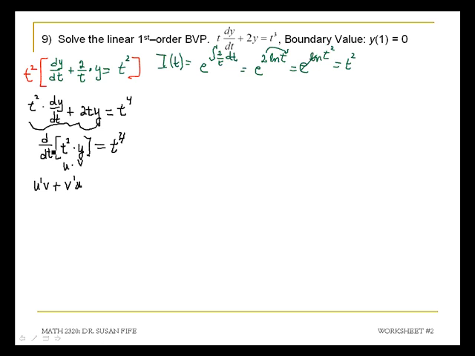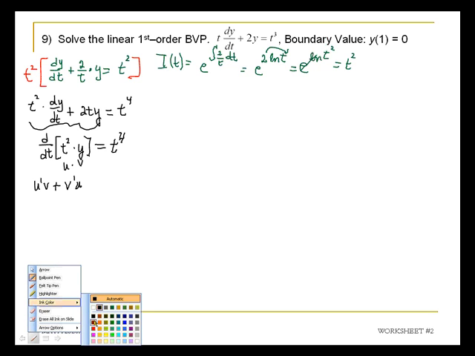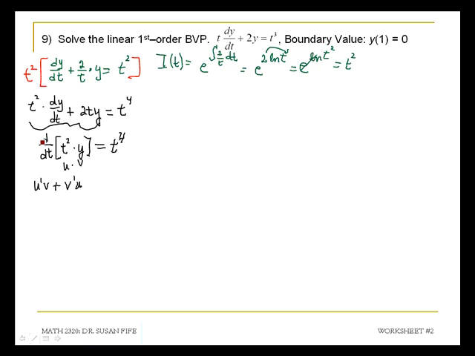And then your goal here is to get rid of this derivative. You can get rid of the derivative by integrating. And so we want to integrate with respect to t on both sides of the equation.